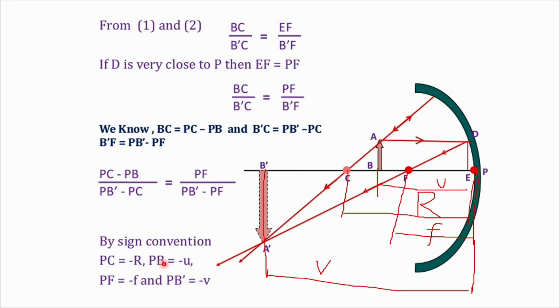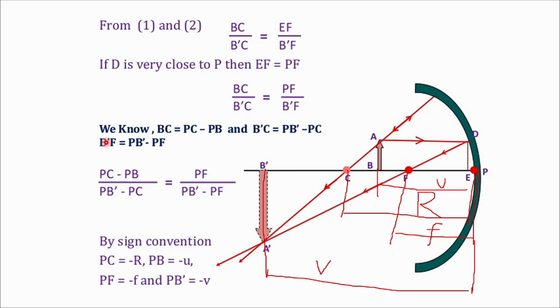PC is equal to minus R, PB is equal to minus U, PF is equal to minus small f, PB dash equal to minus V. According to the sign convention, any distance measured towards the left of the mirror, U, R, F and V, we take as negative. Therefore, all are minus R, minus U, minus F, minus V.